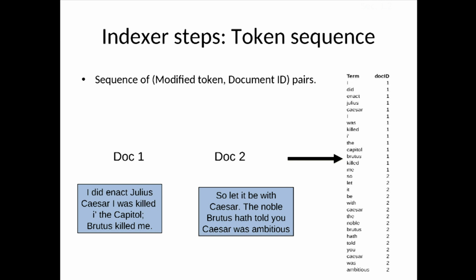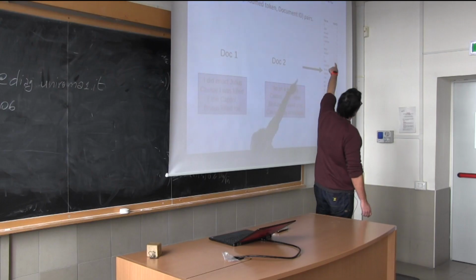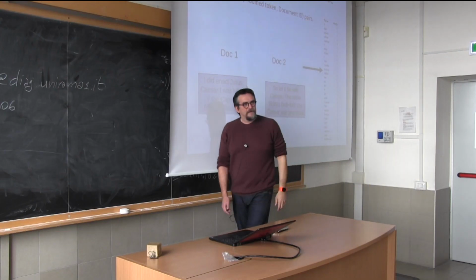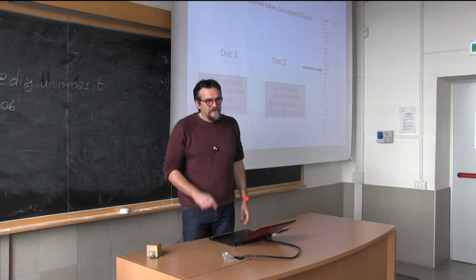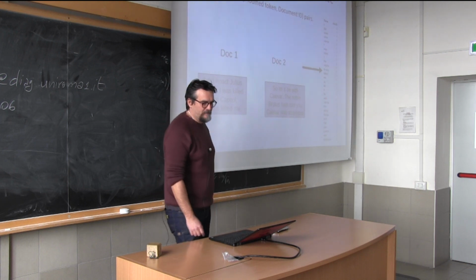So this is an example. You have two documents. I did enact Julius Caesar, and so let it be with Caesar. And what you do is the following. First of all, you take all the terms and you assign the document in which they appear.